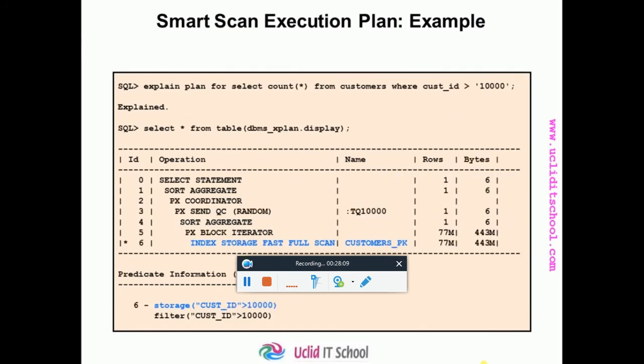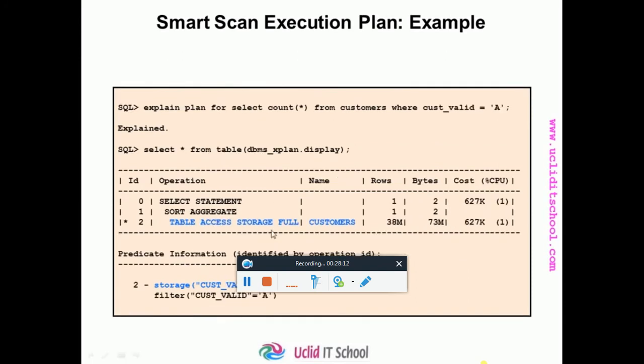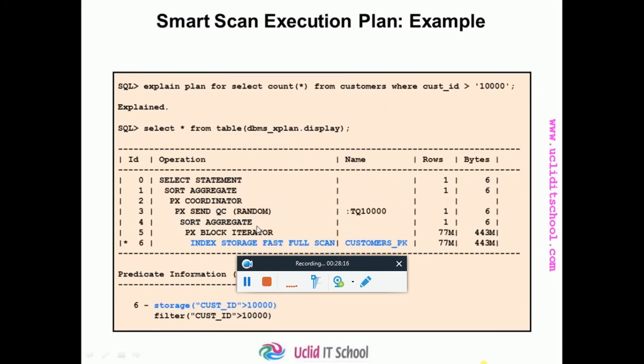Now some examples. This will show you the Smart Scan operation, again for indexes also. It is using Smart Scan for an index: index storage fast full scan. What index is it going to use? CUSTOMERS_PK.